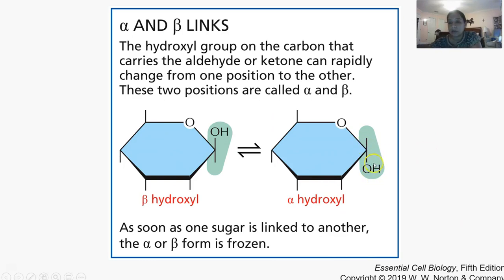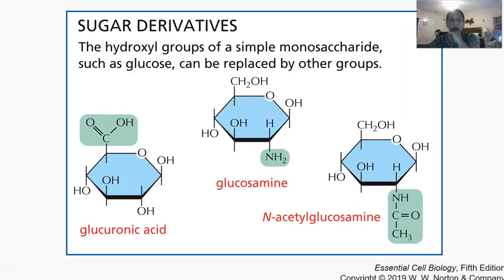So alpha hydroxyl right here and beta hydroxyl right here. As soon as this particular ring structure is linked with another one of its own or another, this is frozen and it is maintained. However, when they're just by themselves, single and hanging around, they can be in these various positions, and it can make them a little bit more mobile.